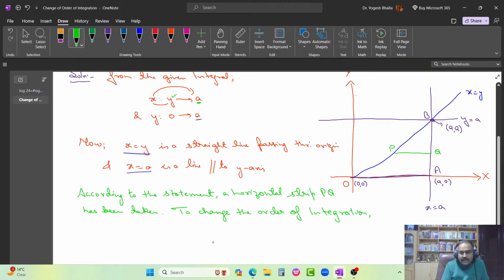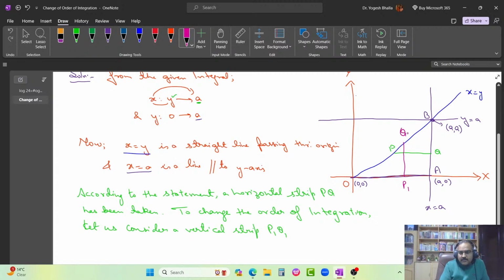To change the order of integration, let us consider a vertical strip P1 Q1. This is my new strip.